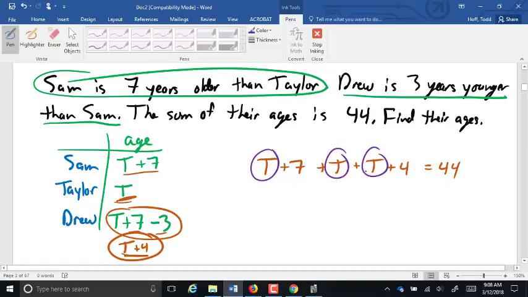Well, we combine T and T and T to make 3T. Combine the 7 and the 4 to make 11. So 3T plus 11 is 44.